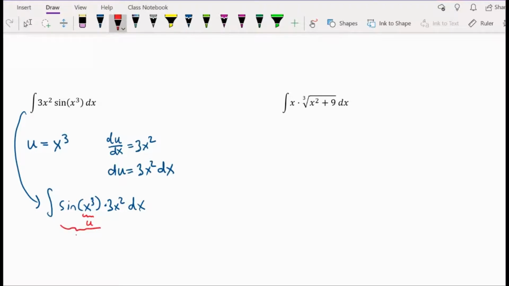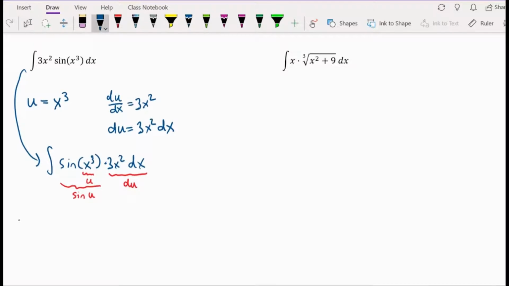So this larger expression here is sine u. And this expression here is exactly what du is. So what that means is that I can rewrite this integral, the original integral, the integral of sine x cubed times 3x squared dx, as simply equal to the integral of sine u du.